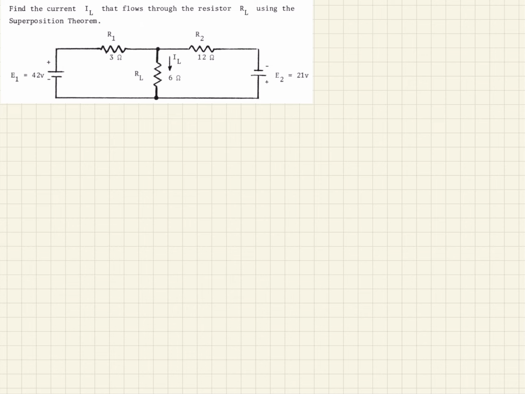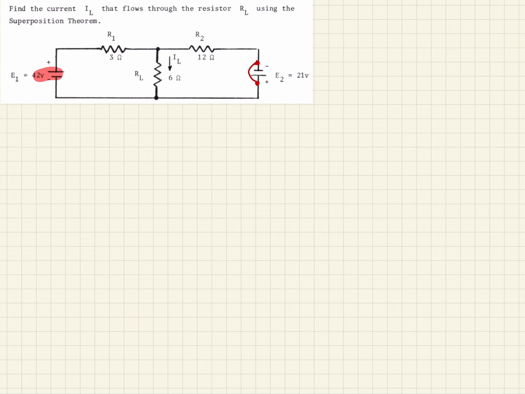So when we do superposition, we consider the contribution from one source at a time. So in this case, we're going to consider first this source here. When we do that, any other voltage source we're going to short out. So it's like we short this out here, so it's not there.